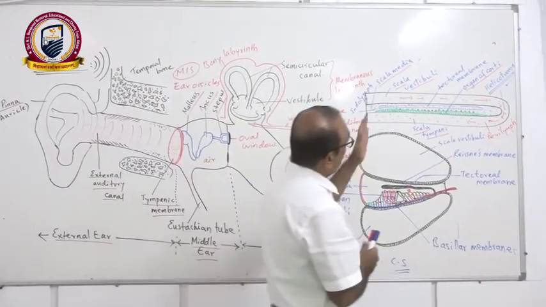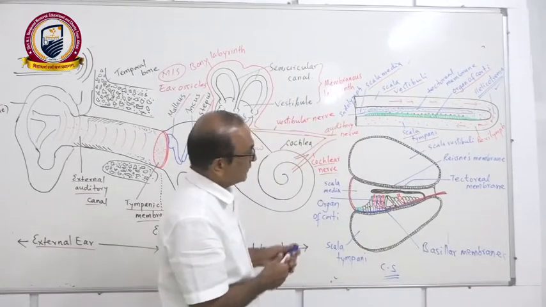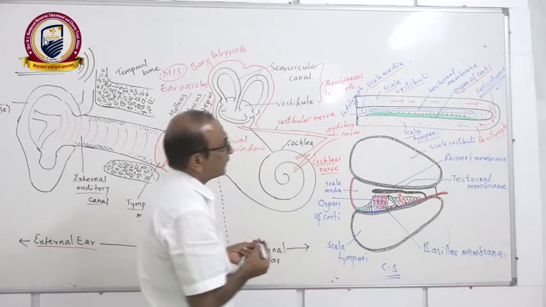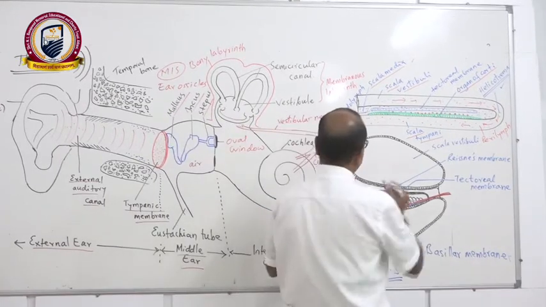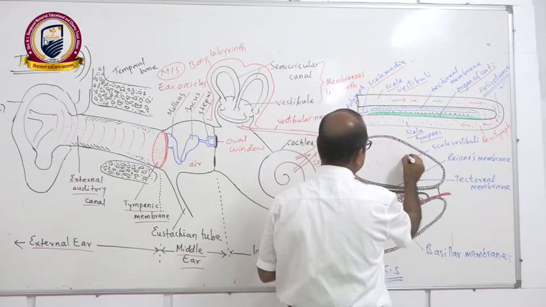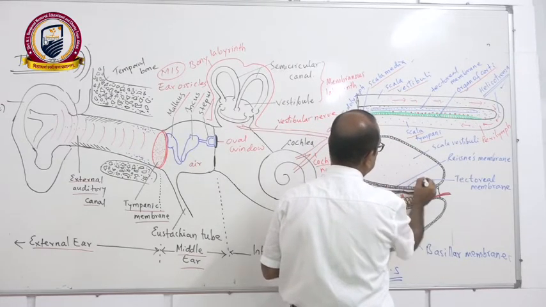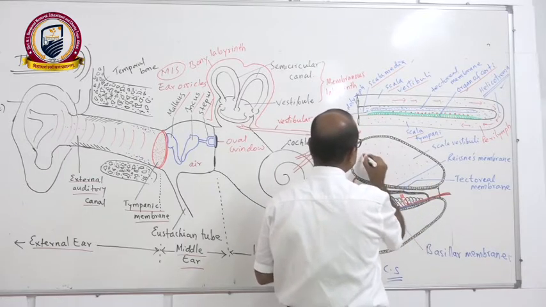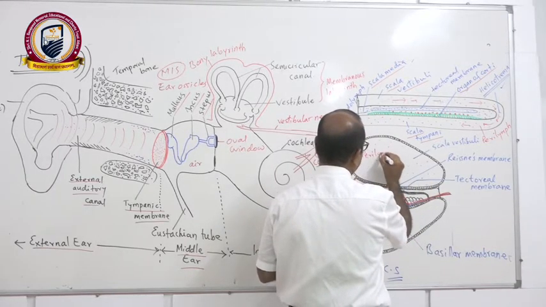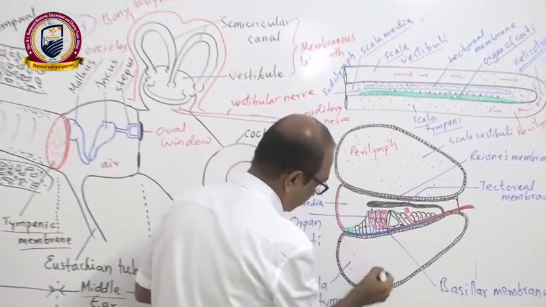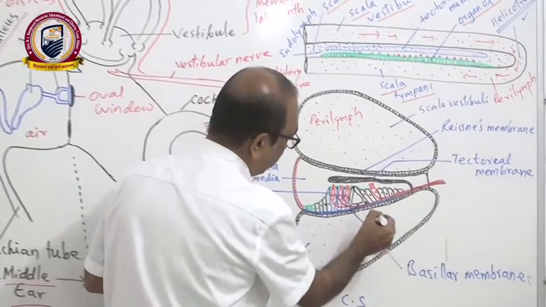Now in a cross section of the cochlea, we see here, this is the scala vestibuli, the dorsal tube or the upper tube you can say, which is filled with the perilymph inside, and the same perilymph is also there in the scala tympani.